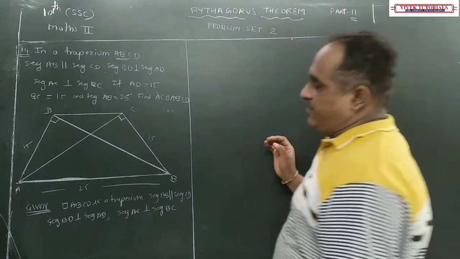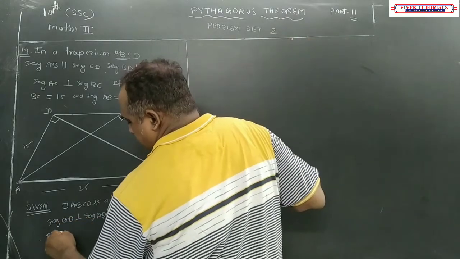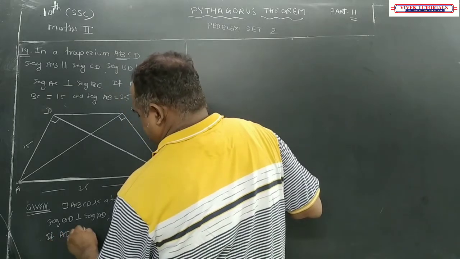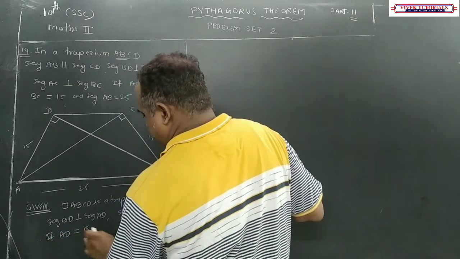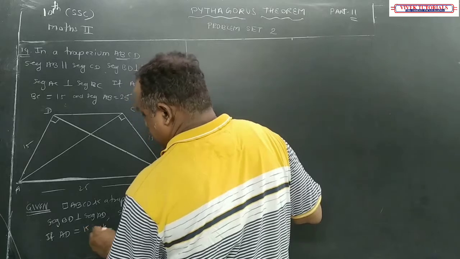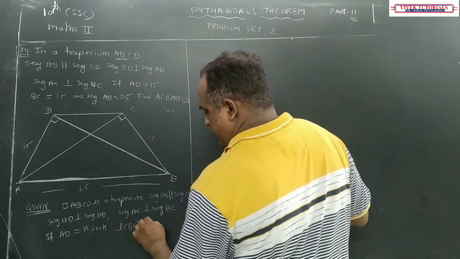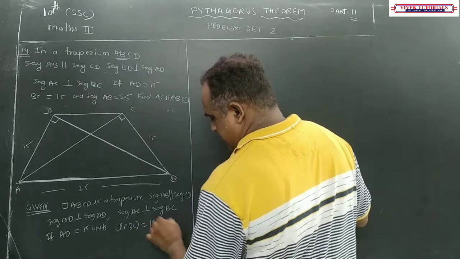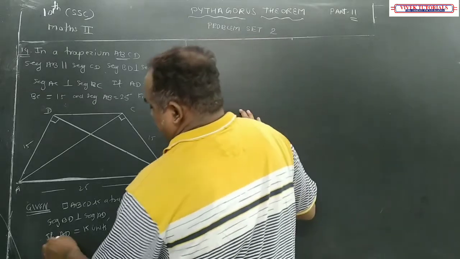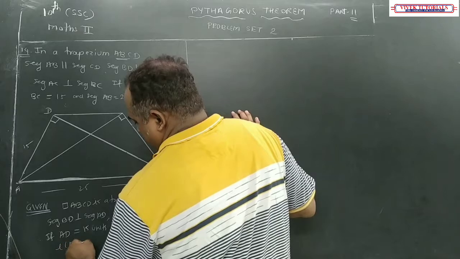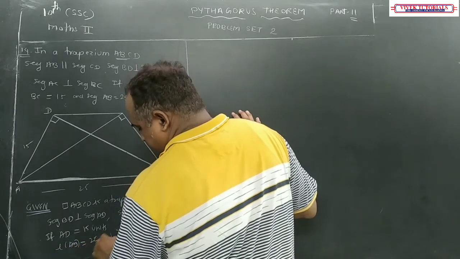And now they have given that AD is equal to 15 units, length of BC is equal to 15 units, and length AB is equal to 25 units.